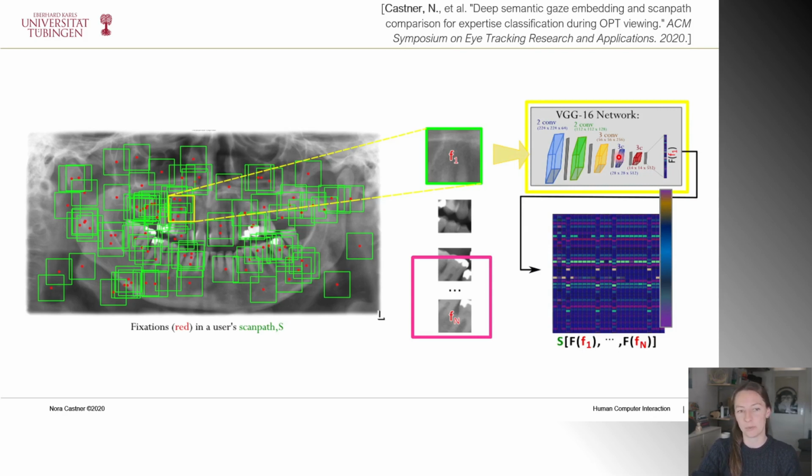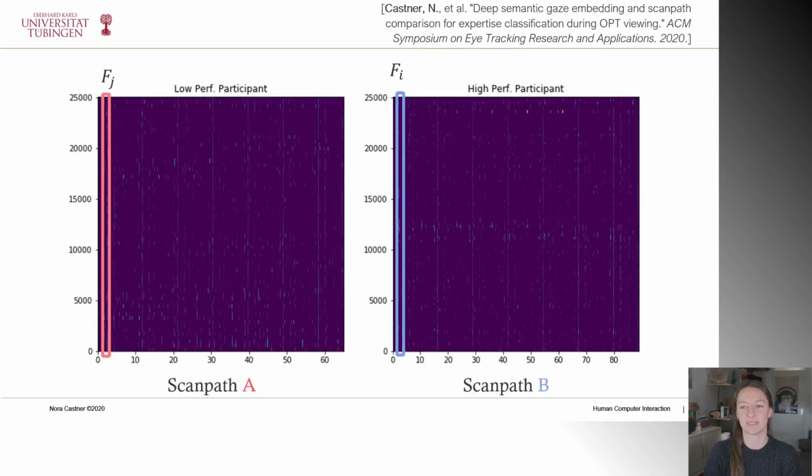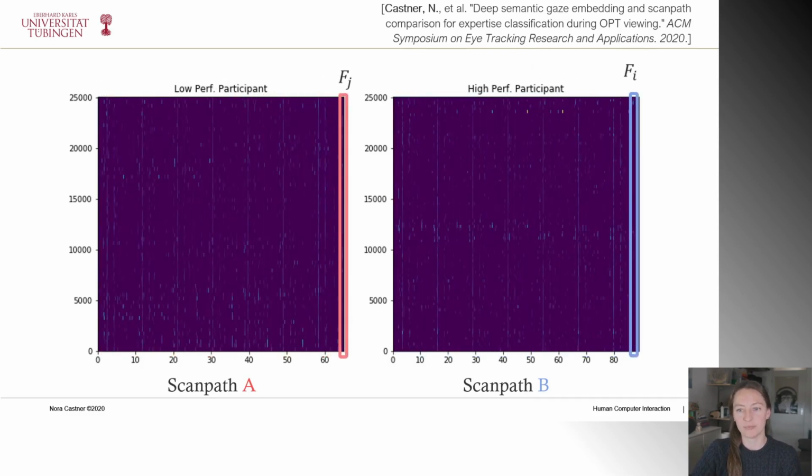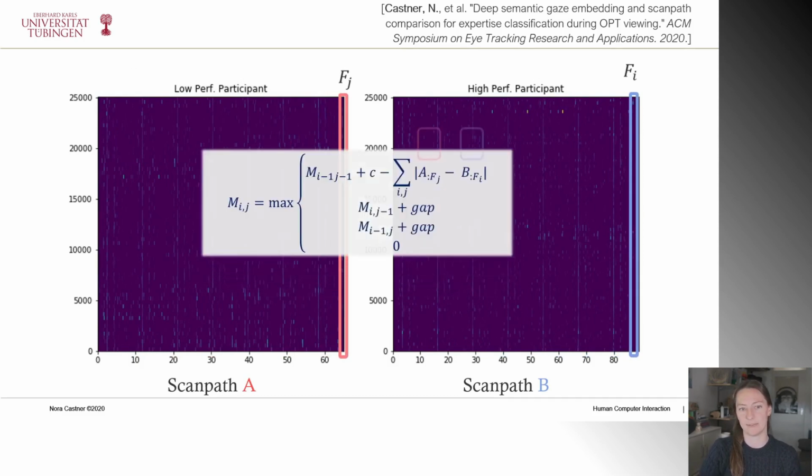And from this string of feature vectors, we can compare this to another scan path. We use the Smith-Waterman algorithm for local alignment, but we replace the string of characters with the string of feature vectors, and we can compare them against each other. But we'll never necessarily have a match between the feature vectors, so we can only get a difference between them.